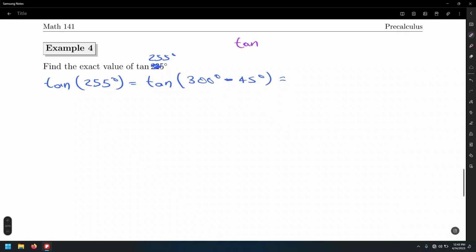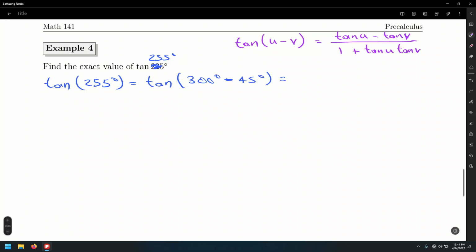Tangent of u minus v is tangent of u minus tangent of v, divided by 1 plus, that changes to a plus, tangent u tangent v. That's a formula you have at the top of the first page in the handout.